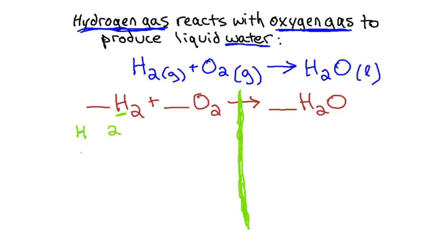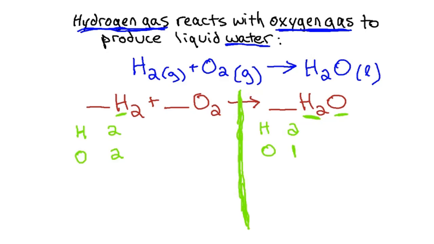And then we have an O for oxygen, and there are two oxygens on the left side of the green line. Now on the right side of the green line, we're going to have two H's, but look, we're only going to have one oxygen. So what can we do to get all of these balanced so they're all the same on both sides of the yield line?